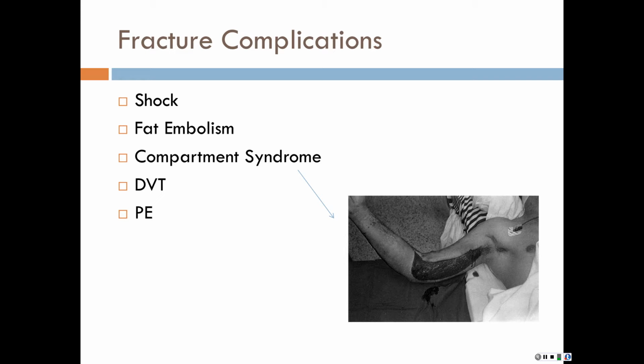When we talk about neurovascular assessment or neuroassessments after the fractures, we a lot of times like to talk about the 5 P's. So P as in Paul, which is pain, paralysis, paresthesias, pallor, and pulselessness. So things we ask our patient. Number 1, are you in pain?